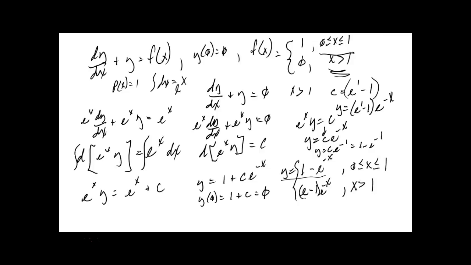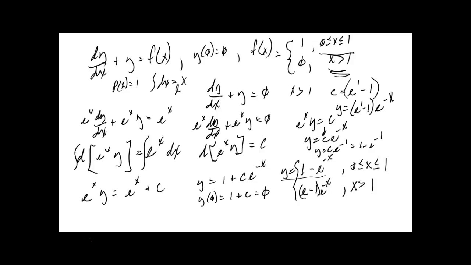Now, goodness, my eye hurts. And I don't know if this is helpful to you or not, but it does at least sort of, to me, make sense. Okay? Here is your first derivative function.